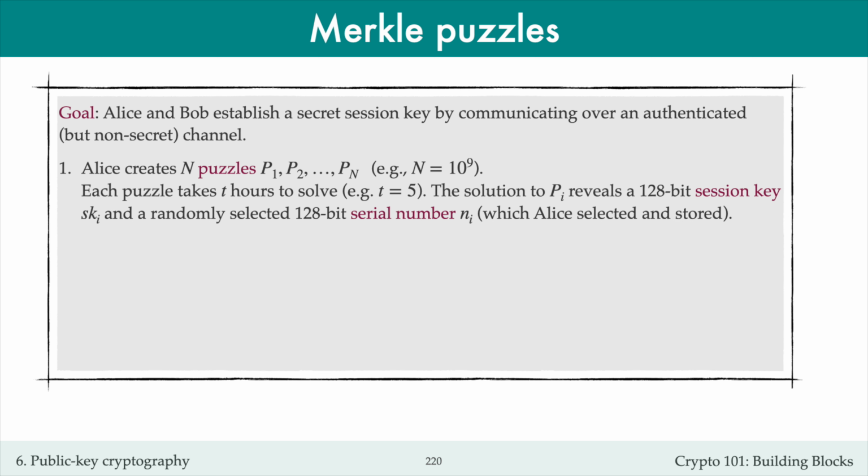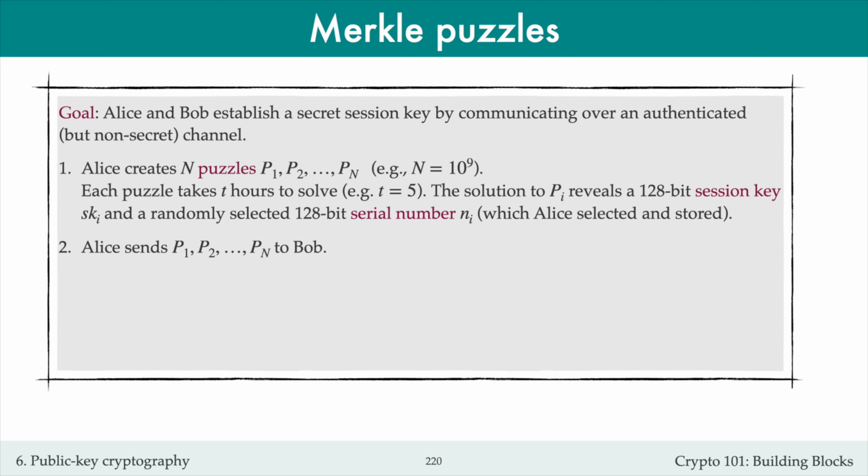When someone solves the ith puzzle, they obtain a 128-bit session key SKi that Alice had chosen, and a randomly selected 128-bit serial number Ni, again which Alice had chosen. Alice chooses and stores the session keys and serial numbers when she creates the puzzles.